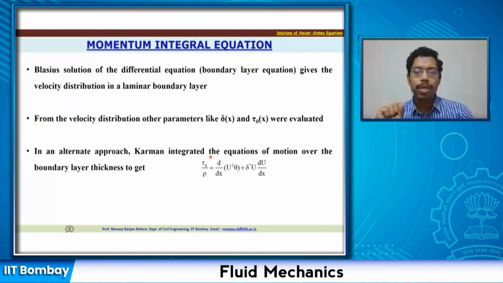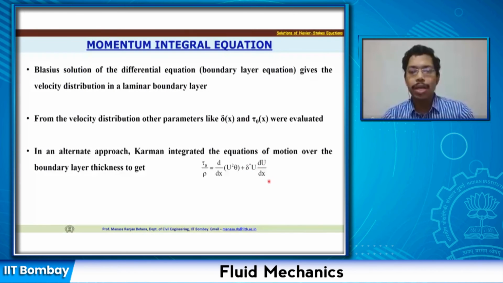Okay, so I am not getting into how these derivations happened, but let us take it forward from here. Karman integrated this, which is why it is also called the von Karman momentum integral equation. So for that, von Karman integrated this equation of motion and derived tau 0 by rho equals d by dx of (u square theta) plus delta star u du by dx.